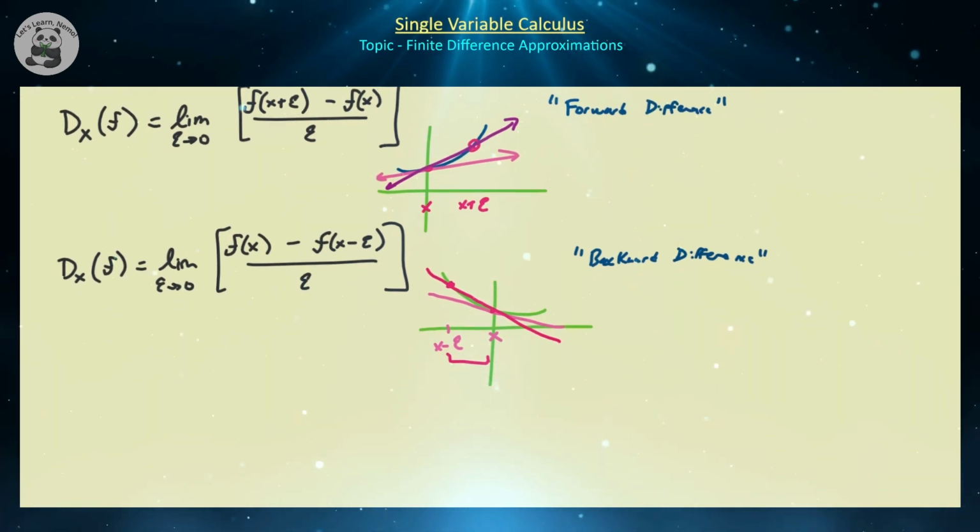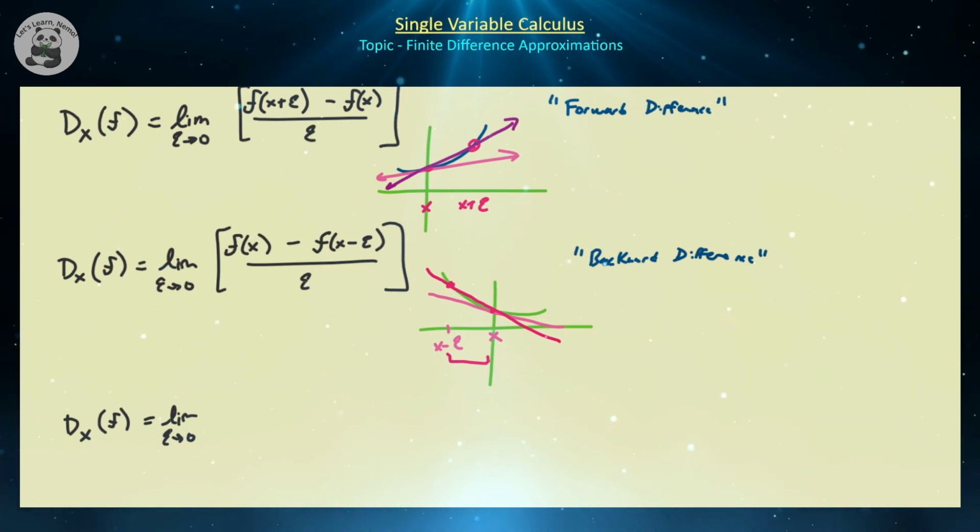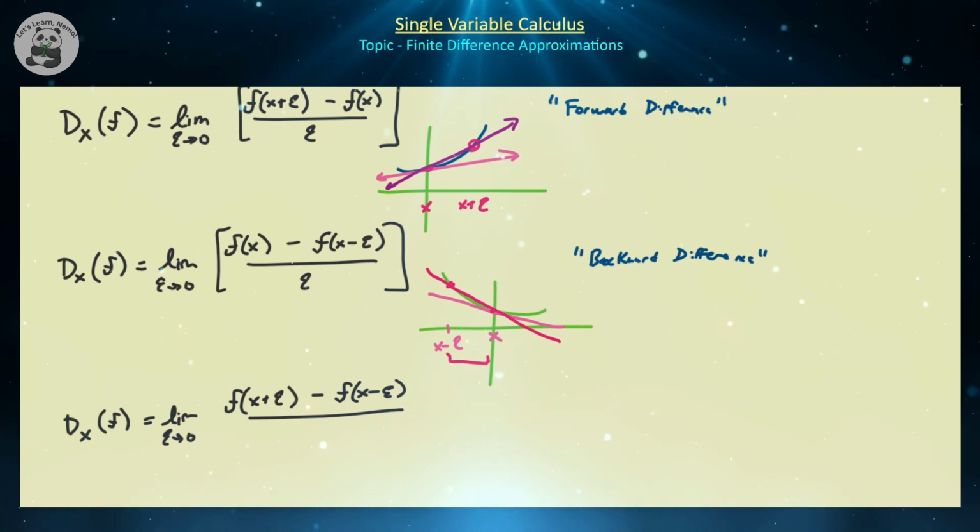And you could ask, well, are there any other ways you could define the derivative? Yes, there's actually infinitely many ways one could do so. The other one that I'm going to introduce today is, to some degree, the average of the forward and backward difference. If you take the average of these two, you're going to have f of x plus epsilon minus f of x minus epsilon, divided by 2 epsilon.